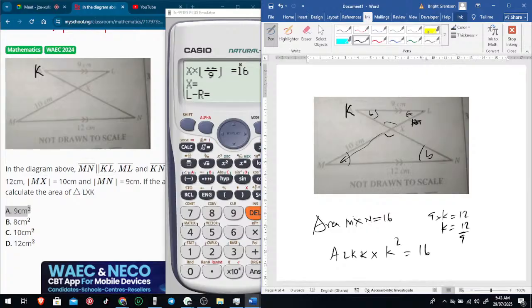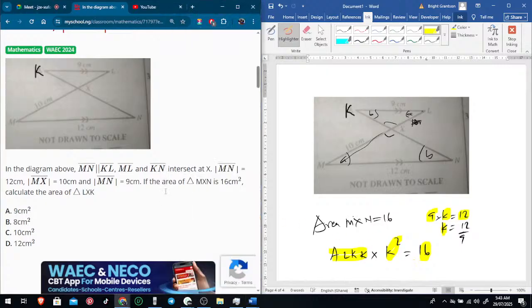So in terms of distance, 9 times K will give you 12. Similarly, in terms of area, the area of the small times K squared will give you the area of the big. In the question, they give you the area of the big as 16. But because we are dealing with area, you have to square K. If they are dealing with volume, it will be cube. Are you okay?